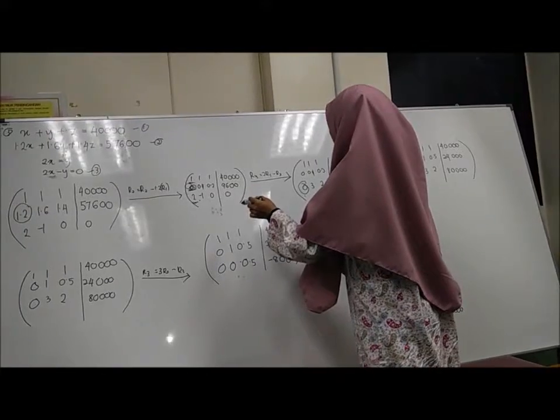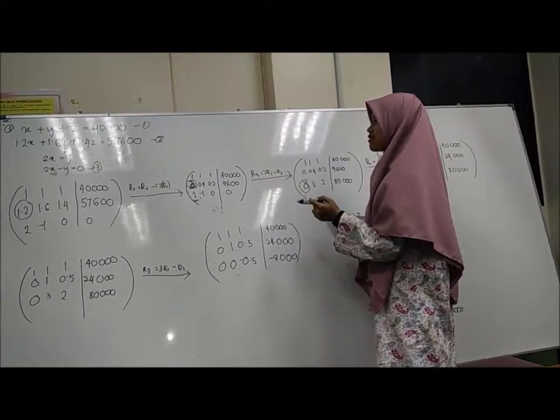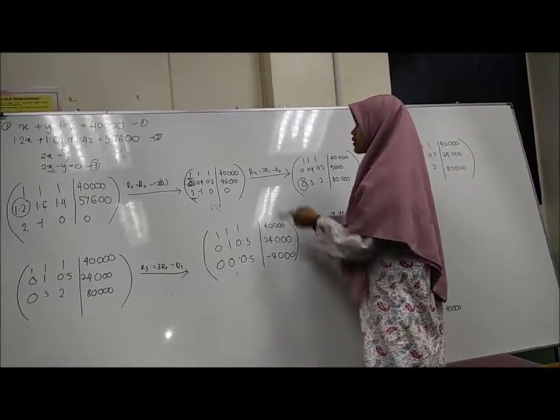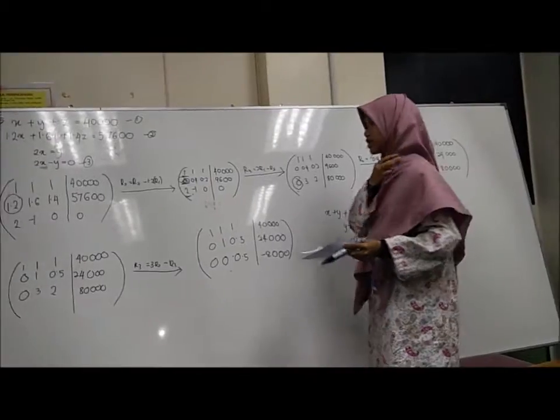When we subtract it, we use this formula: R3 equal to 2 R1 minus R3.